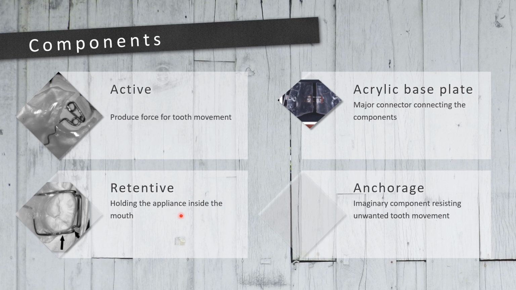The acrylic base plate is regarded as the major connector connecting the active component and retentive component of the appliance, and acts as a part that provides the anchorage of the removable orthodontic appliance by preventing unwanted tooth movement.